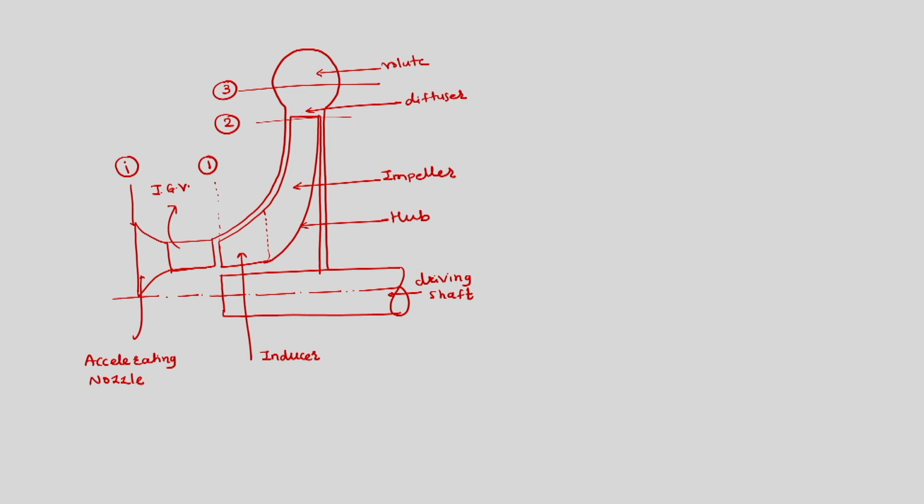But it is possible that we have the impeller casted on 2 sides, and in such a case we have a double sided impeller. We have one impeller on one side and another impeller on the other side of a disc.